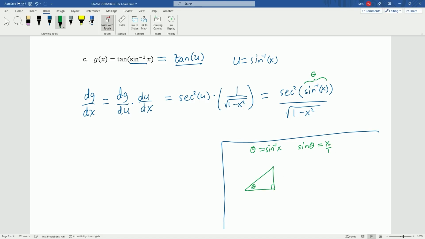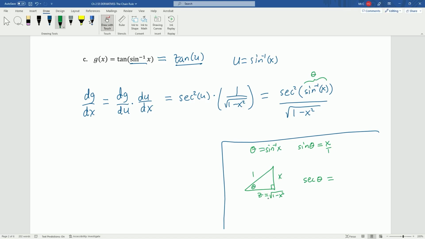So if this is theta, sine is opposite over hypotenuse. And when I solve for z here, I'm going to skip that step, but I'll get the square root of 1 minus x squared. So that means that secant of theta is, I should say, hypotenuse over adjacent, right?